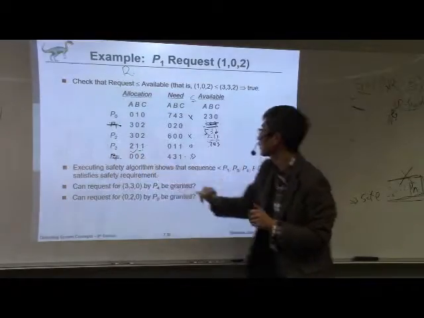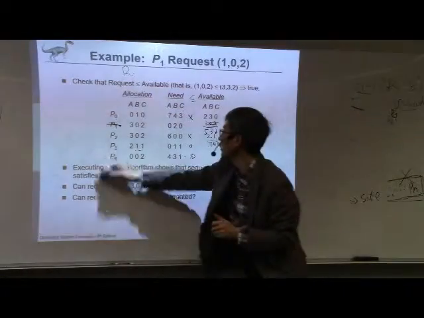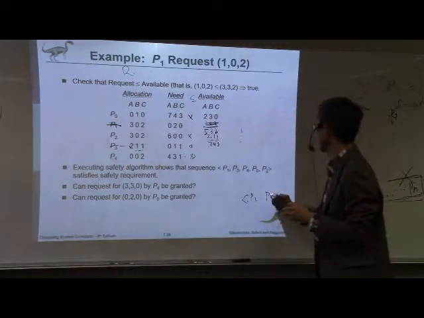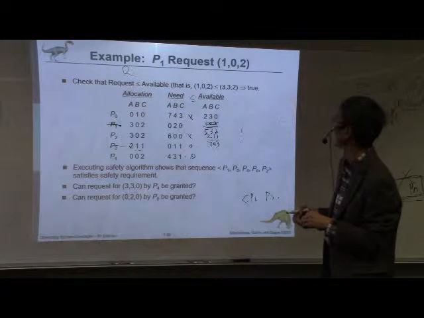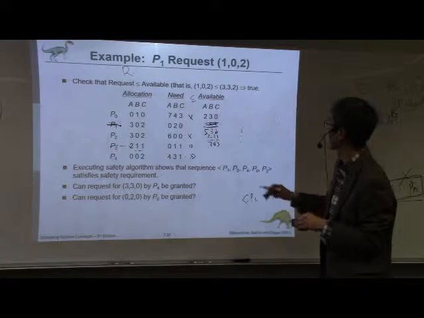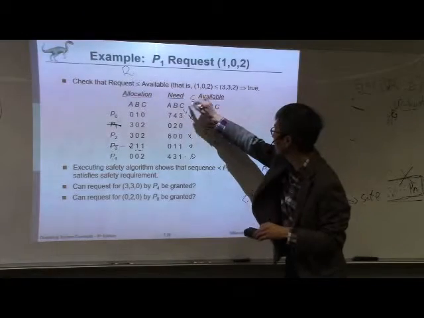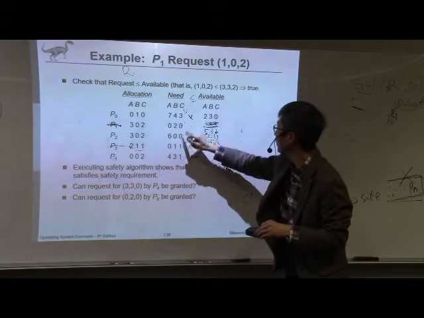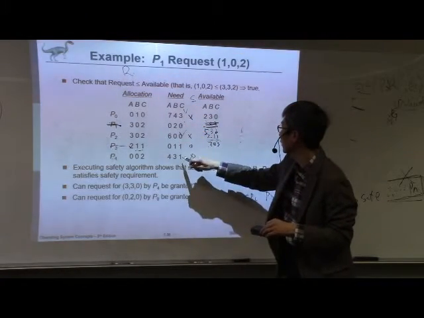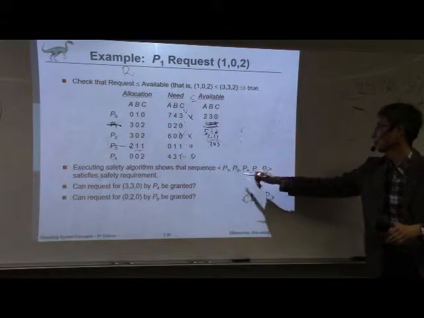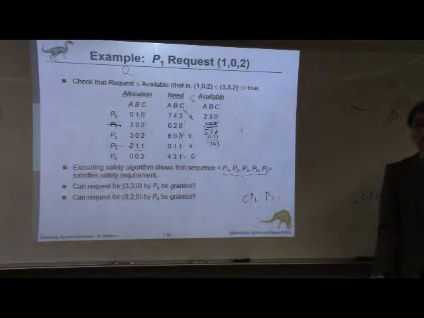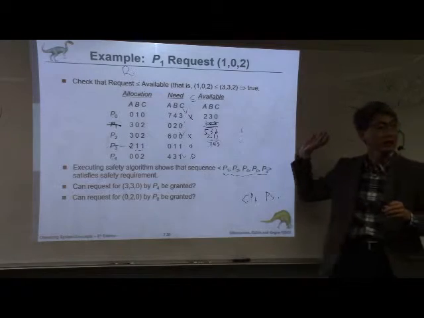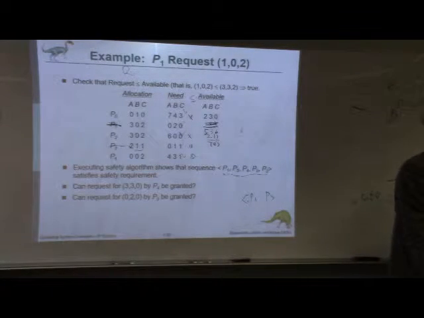Then with 7, 4, 3, this one is possible, this one is possible, and this one is possible. So we can find a sequence of the processes, so it will be granted.